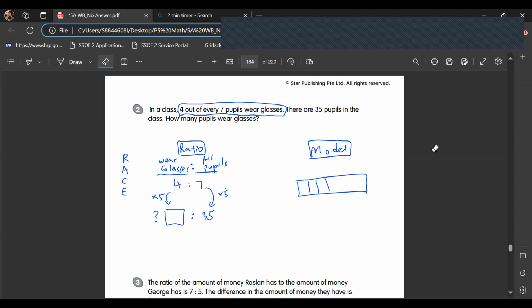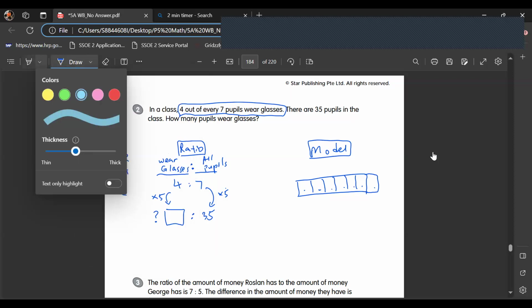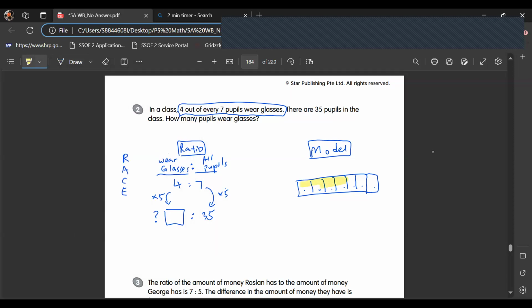It's like saying for every 7 students, 1, 2, 3, 4, 5, 6, 7, 4 wear glasses. This part is wear glasses. The 7 units here, that's 35 pupils.